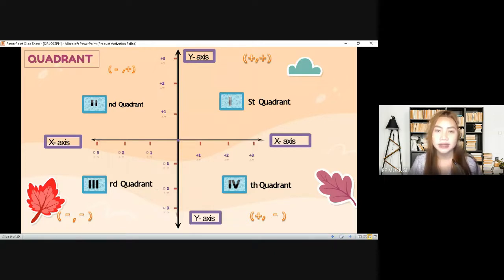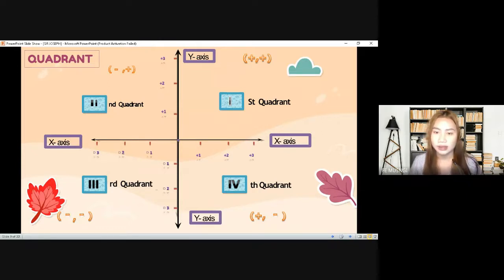Always remember that when we name our coordinates, we should start with the x-axis. For example, sa quadrant 1, mag-start tayo sa x-axis.